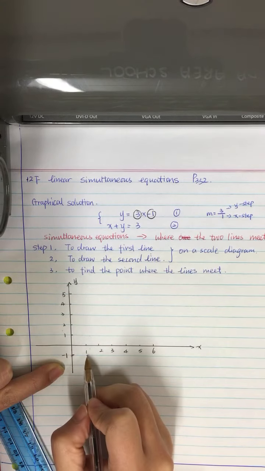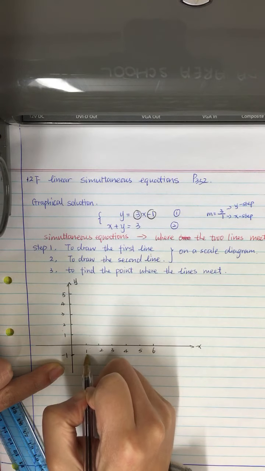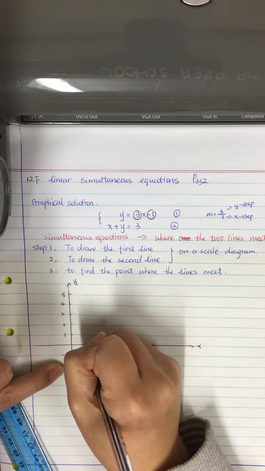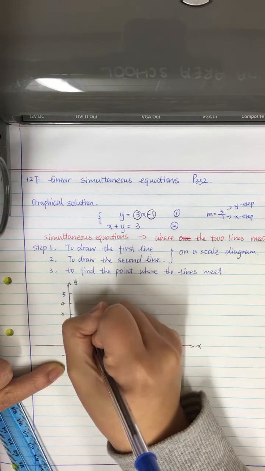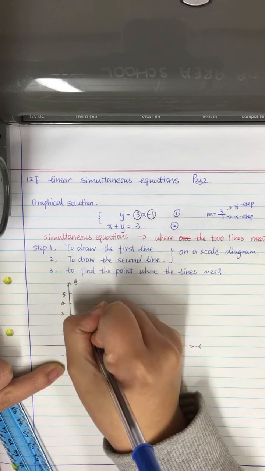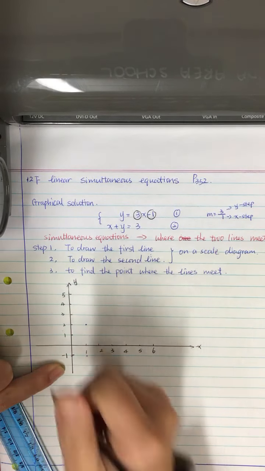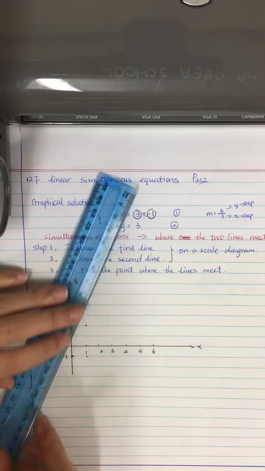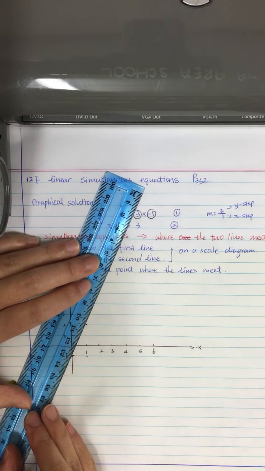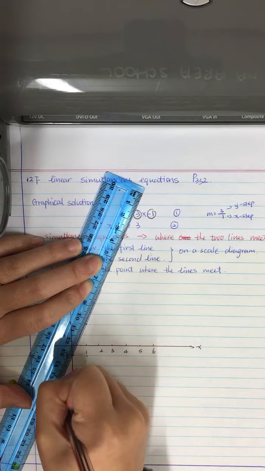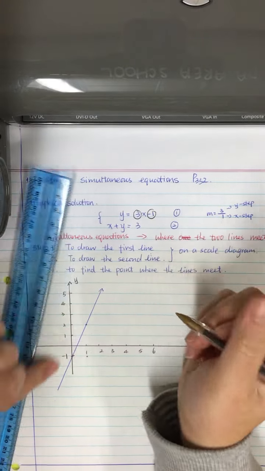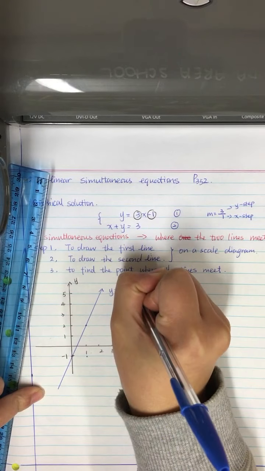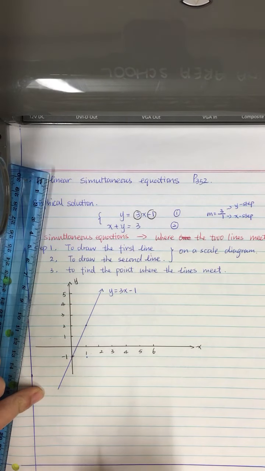So go to the right for 1 unit, and up for 3 units, because the y step is 3. So you have 1, 2, 3, and that will be my second point, and I have the y-intercept. Then I can connect these two points together, and that becomes my line. This is the line for the equation y equals 3x take 1.